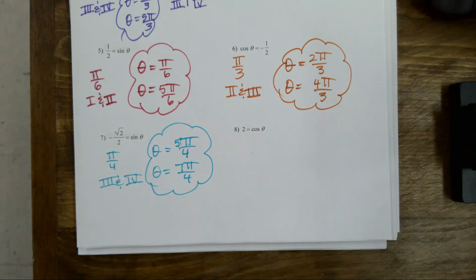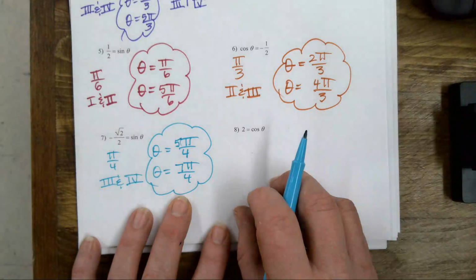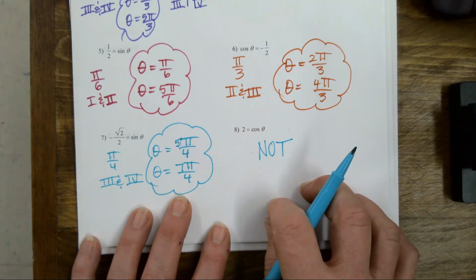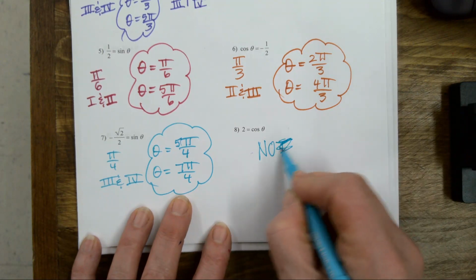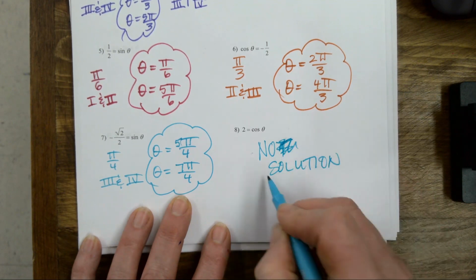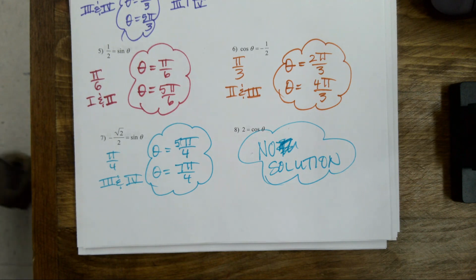Okay, so when is the cosine 2? Can you find it? Is it anywhere on your sheet? It's not going to happen. No solution. Now, I have to be careful with no solution because later on in another chapter, we're going to have values of cosine that are out of our families, and we can still solve them.